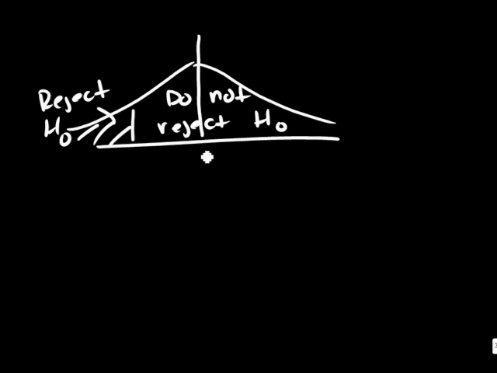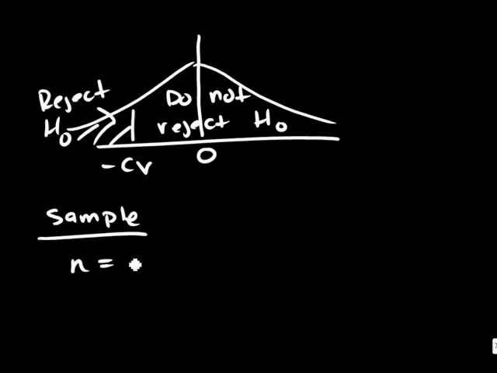We need a critical value. Now, the sample information given in the problem has a sample size of 8 values. We don't know yet what the sample mean is or the sample standard deviation.